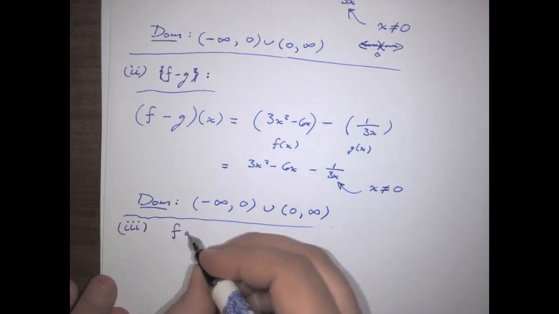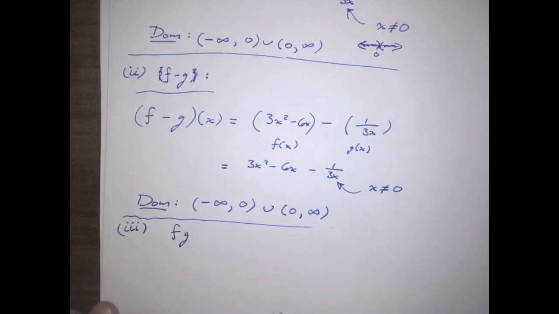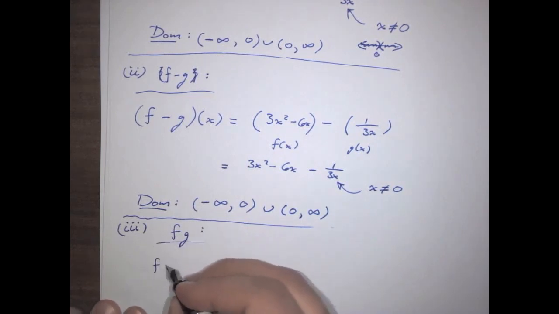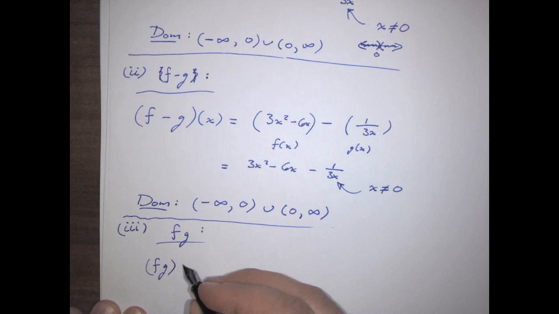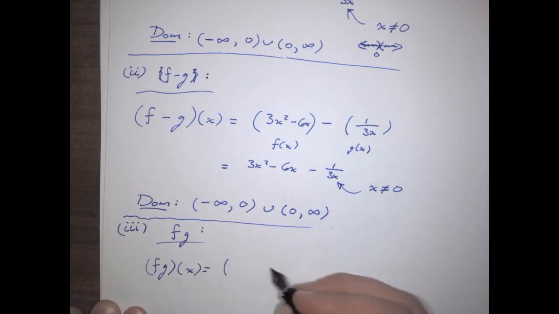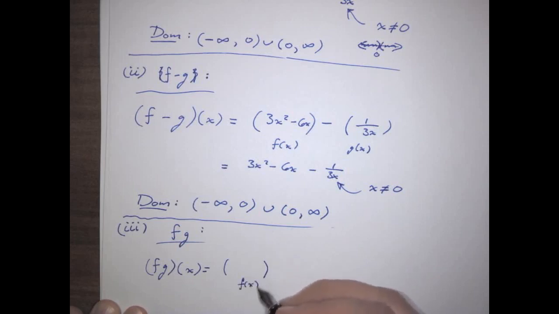So fg, when we multiply these together, we're going to have fg as a function now of x. So we're going to take the two formulas, f of x and g of x, and we're just going to multiply them together.